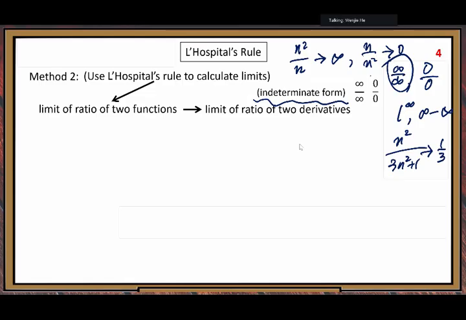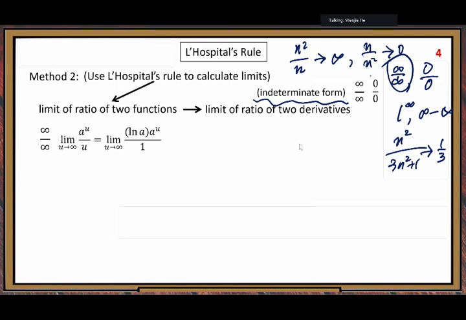Now let's look at this limit. First, infinity over infinity, no problem, so you need to check it. Then we can apply L'Hopital's rule. Because calculating the limit directly is too hard, let's calculate the derivatives of each function in the ratio. What's the derivative of the exponential function?